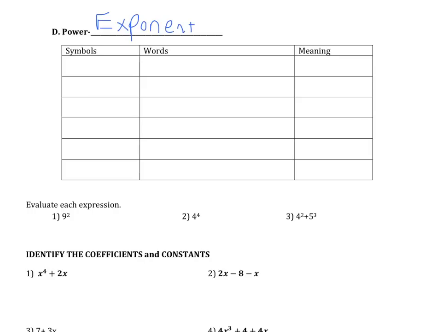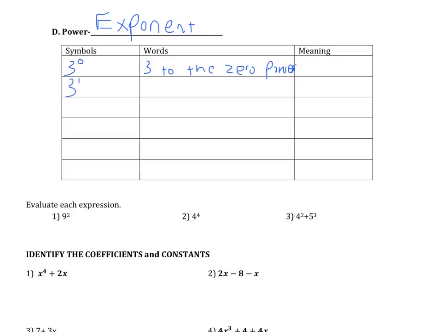So let's go over a few things. First of all, you do need your calculator for this, so if you don't have your calculator, hit pause, grab it. How would we say this in words? Well, we would say 3 to the 0 power. How would we say this one?